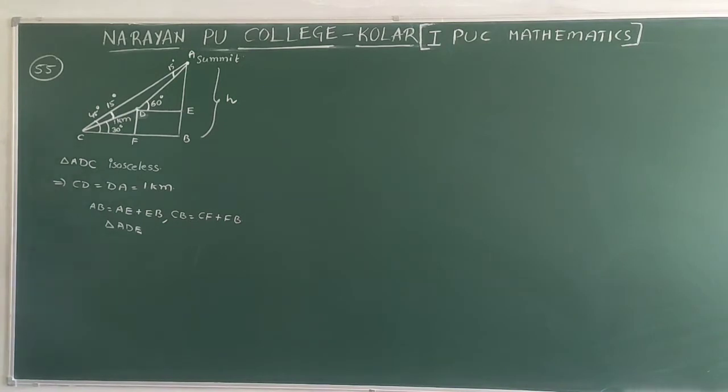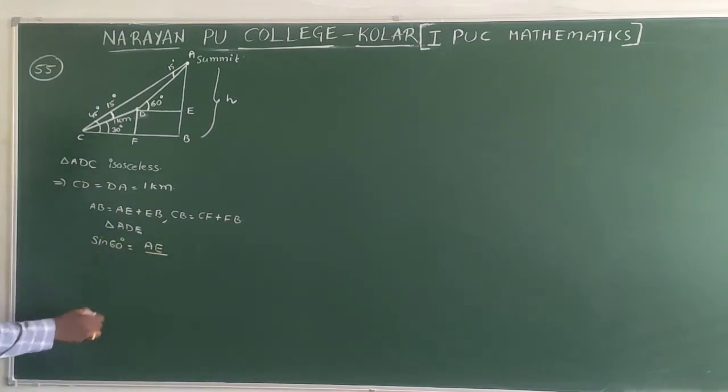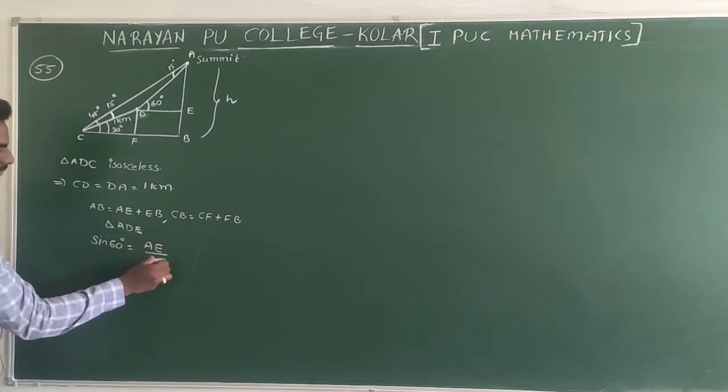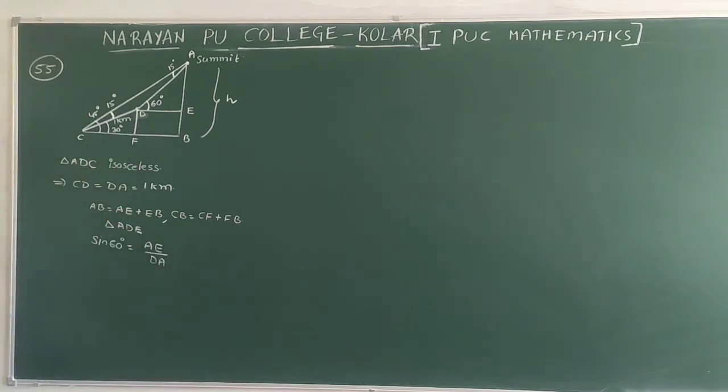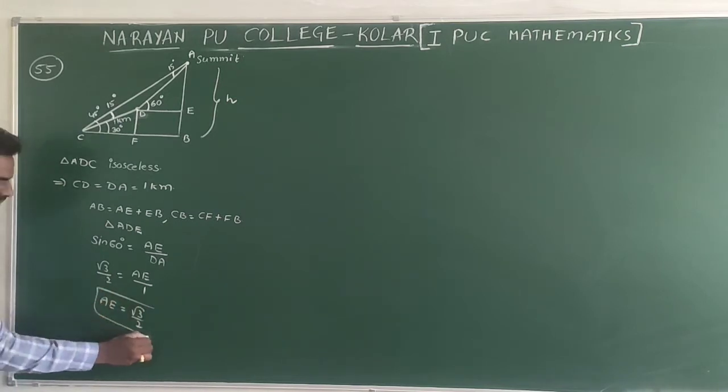We can take sine, opposite by hypotenuse, that is nothing but AE by DA. DA we already know is 1 kilometer, that is nothing but root 3 by 2 is equal to AE by 1. So from this we will get AE is equal to root 3 by 2. Okay, next.